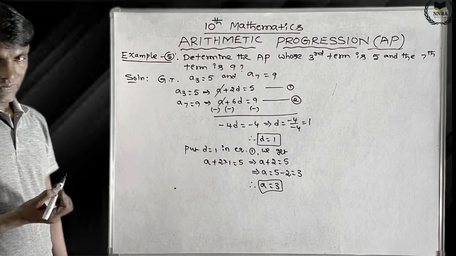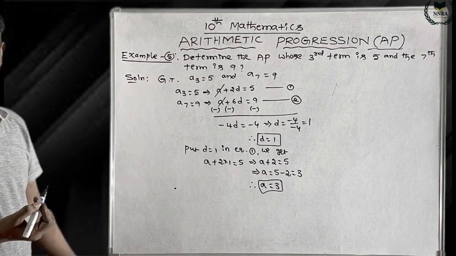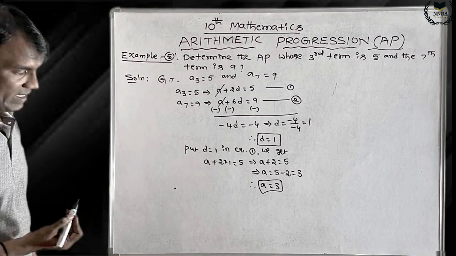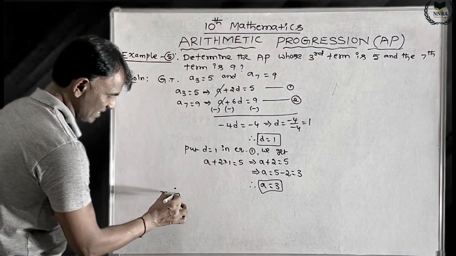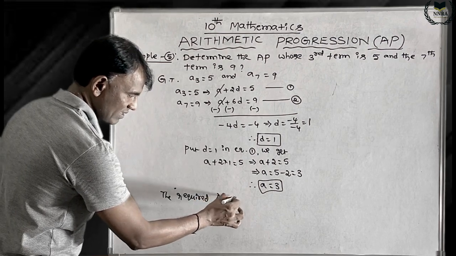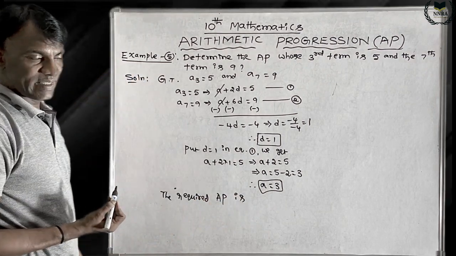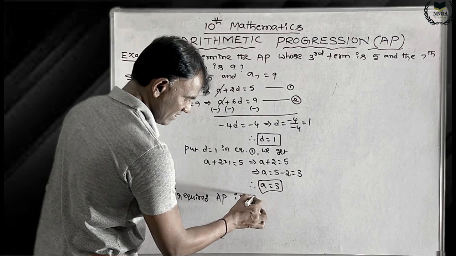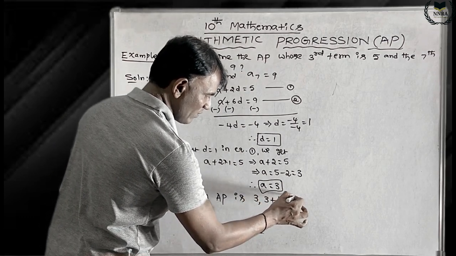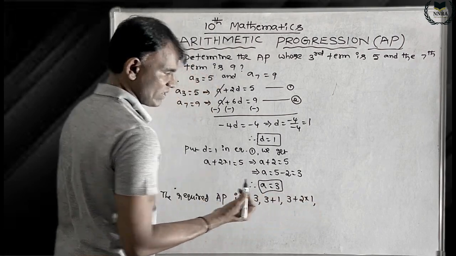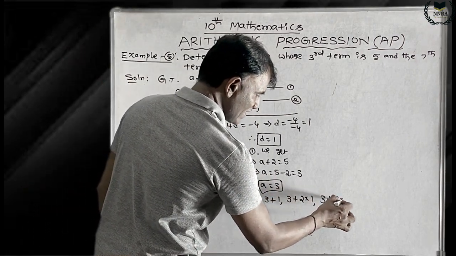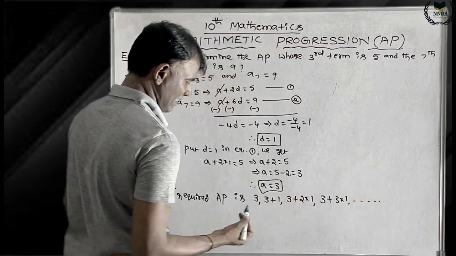Now d equal to 1, a equal to 3. Here a means first term, that is 3, and d means common difference. Now just write here the required AP. The first term is a, that is 3. Then a plus d, 3 plus 1, a plus 2d, 3 plus 2 into 1, a plus 3d, 3 plus 3 into 1, and so on.